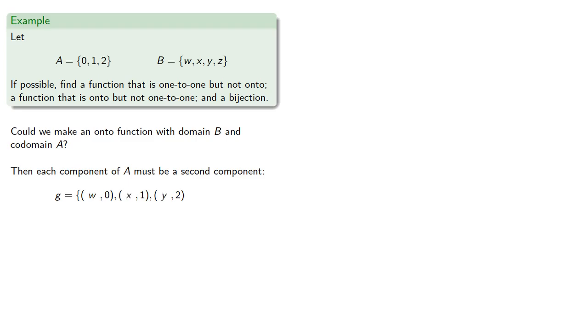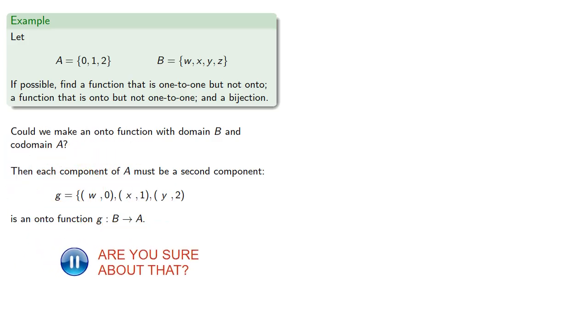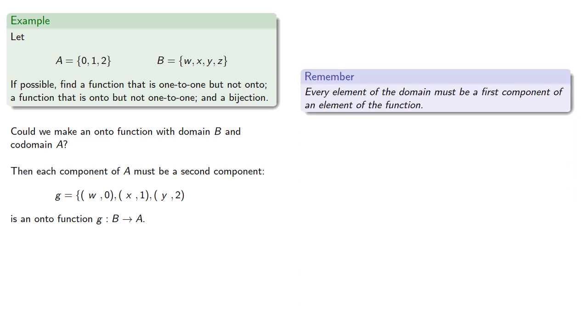And so this is an onto function from B to A. Or is it? Remember, every element of the domain must be a first component of an element of the function. So we have w, x, and y, but we still need an output for z. So z has to be in some ordered pair, and we'll go ahead and match it up with, I don't know, something.